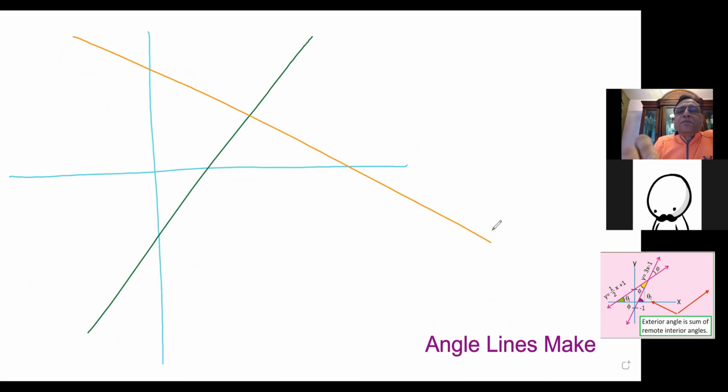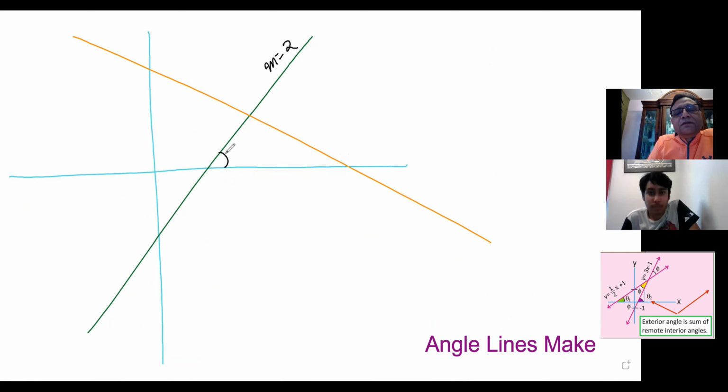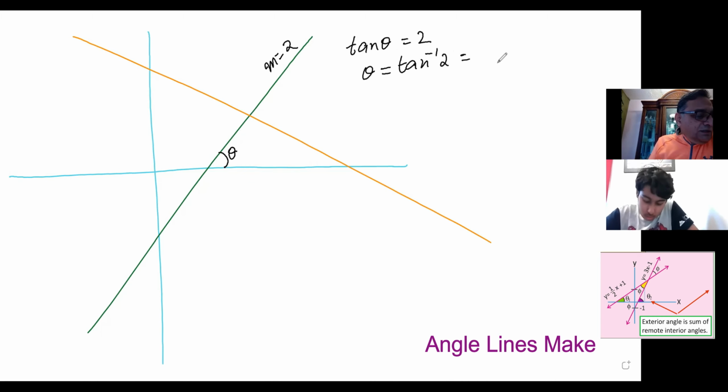Let us say the slope of this line was 2. Since the slope was 2, we know that this angle, let's call this angle theta, so tan theta equals 2. So theta equals tan inverse of 2 and we found that value as 63.4 degrees.